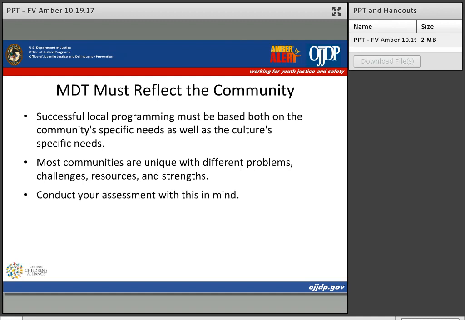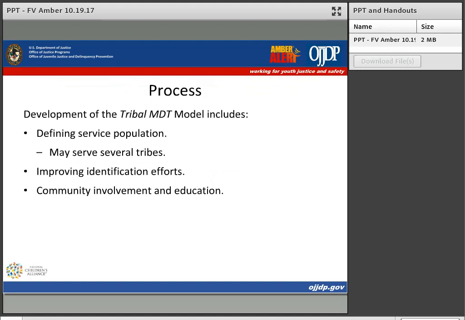There are areas in the Southwest, for example, where you have tribes that are just a couple miles apart, but because of natural resources or gaming or physical location, the problems that they face and the resources that they have can be drastically different. And your MDT may be serving both of those tribes. So it's important that you understand that and conduct your assessment with that in mind.